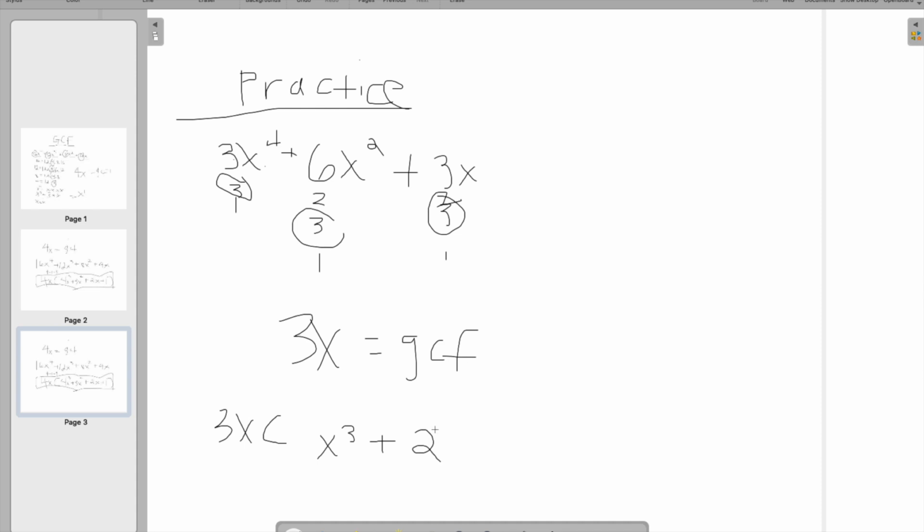And x squared divided by x is just x. And 3x divided by 3x is just 1. So that is how you factor a polynomial using the greatest common factor.